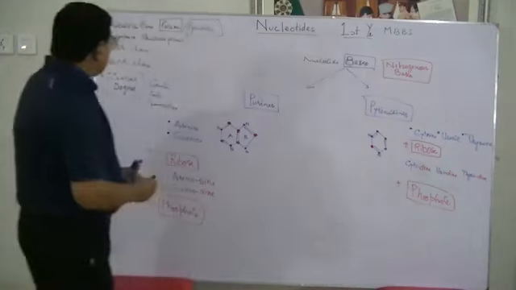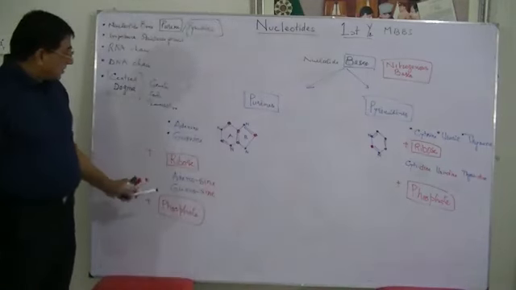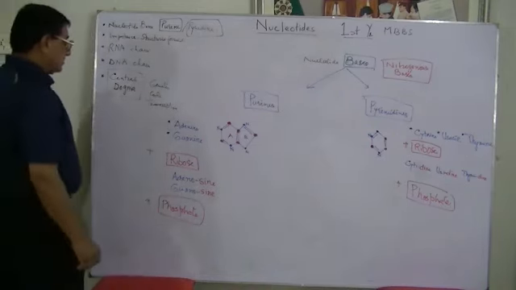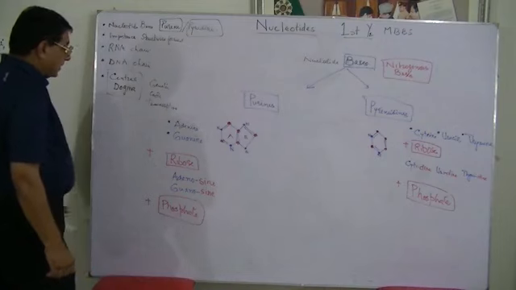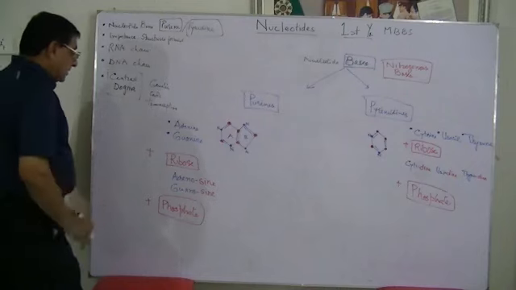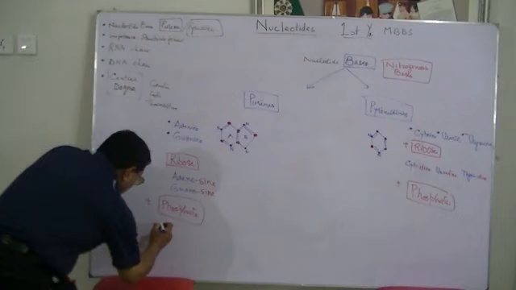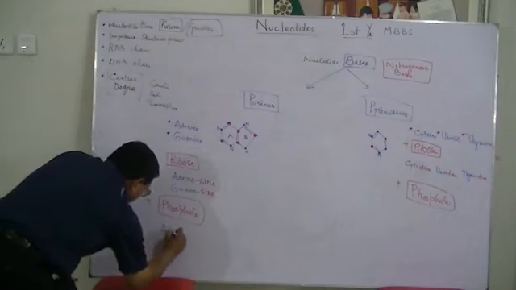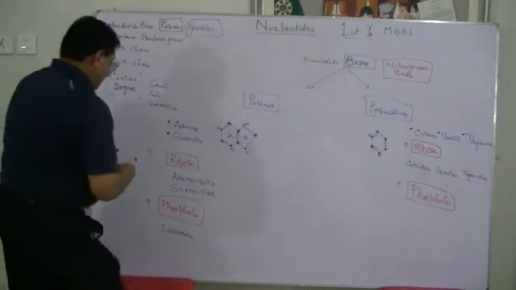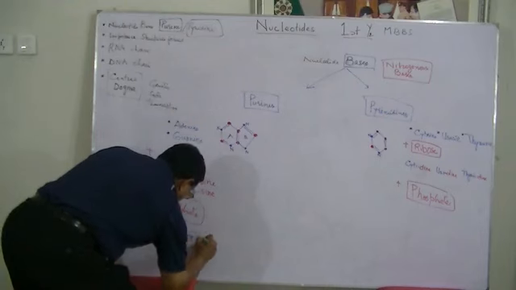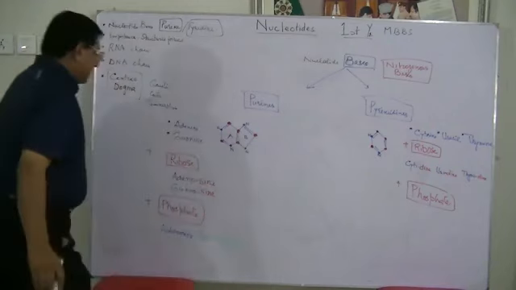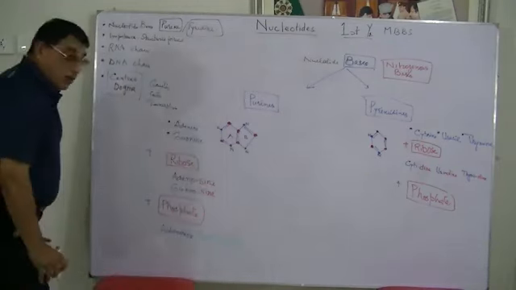Now, sugar, ribose attached, it forms adenosine and guanosine. And when phosphate group is attached, it forms adenosine monophosphate. And the second compound is guanosine monophosphate.